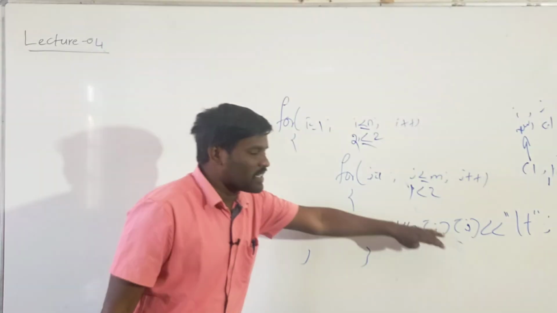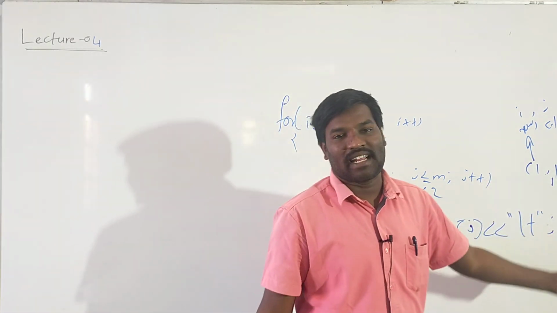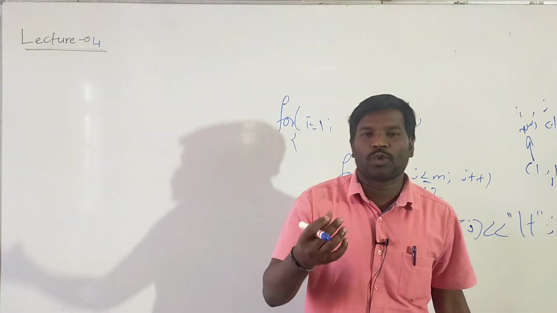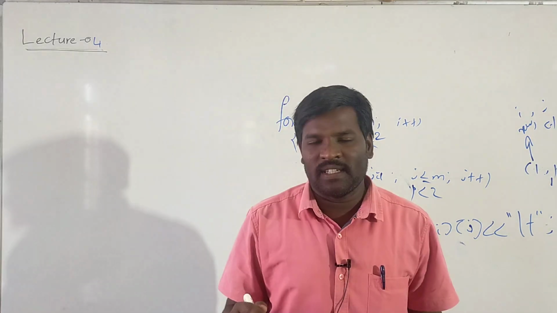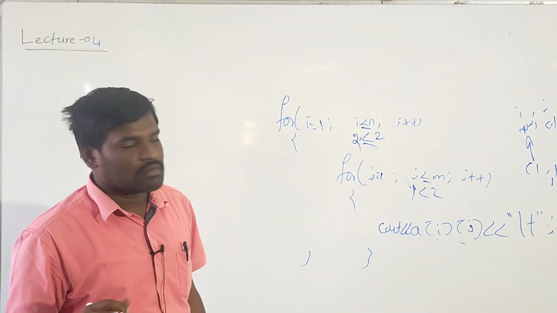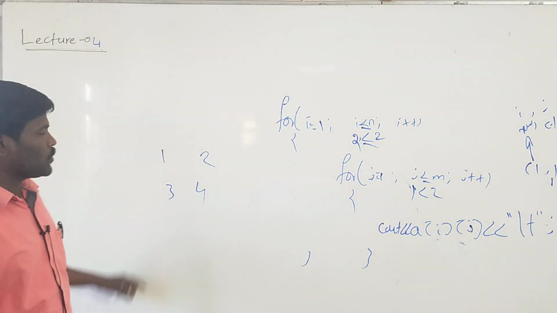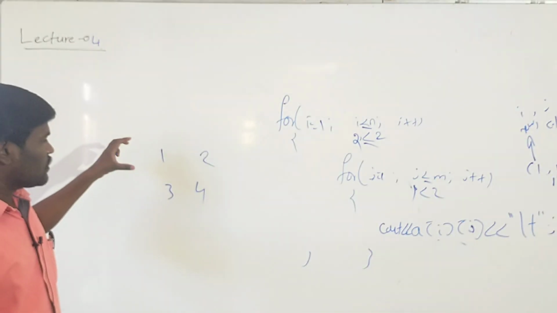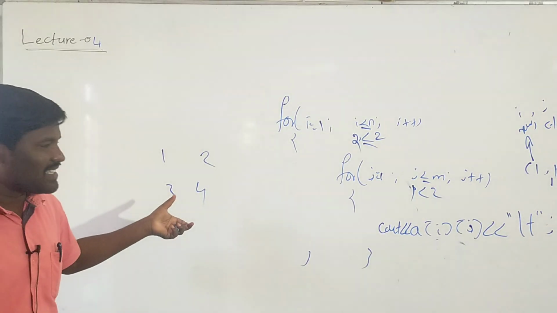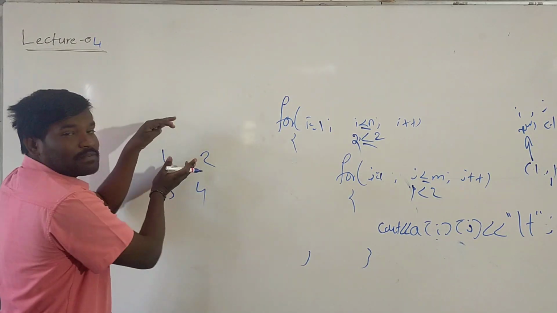After printing one value, it will leave some space and again print another value. The output should be in terms of a matrix, like this. The output should look like this only. So after printing one value, it should leave some space.